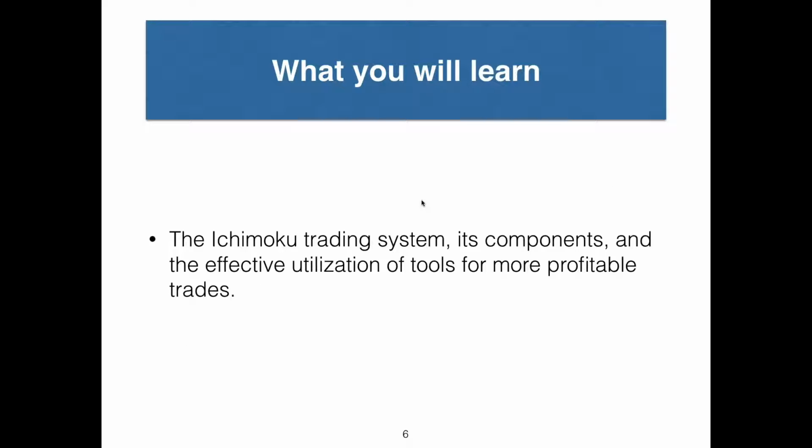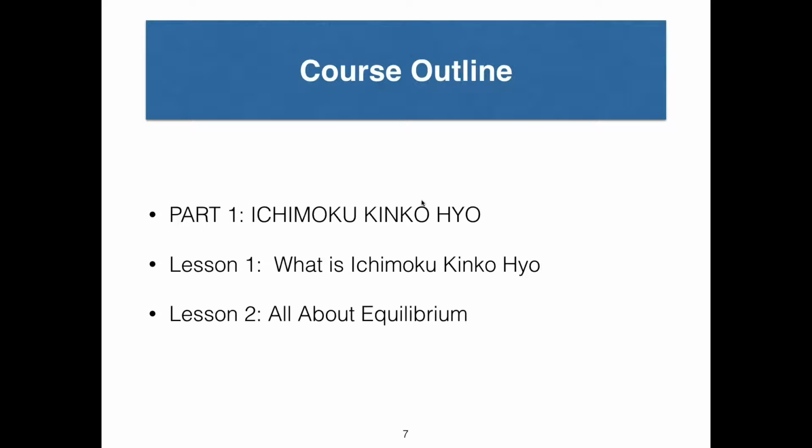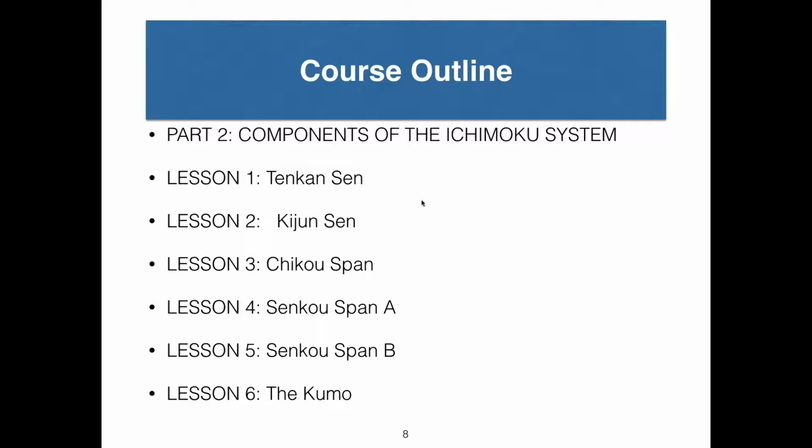So what will you learn today? The Ichimoku trading system, its components, and the effective utilization of tools for more profitable trades. Part 1 discusses the system itself and the concept of equilibrium. Part 2 discusses the components of the Ichimoku system.